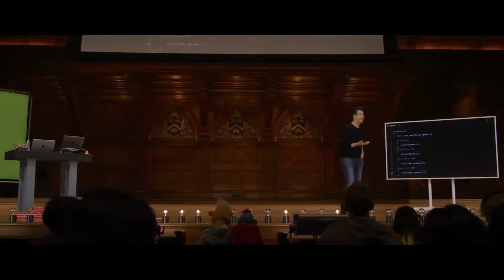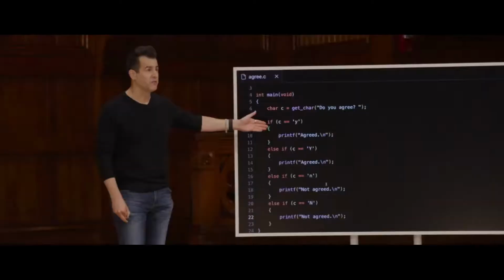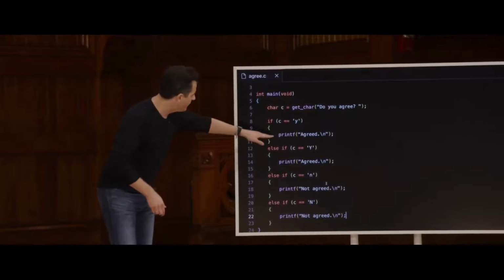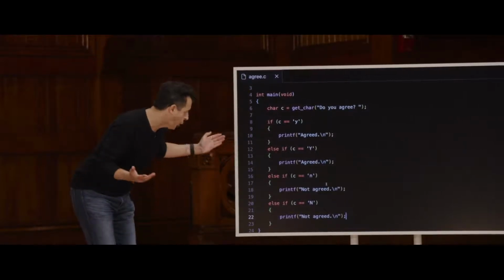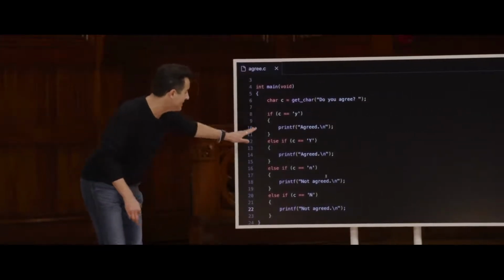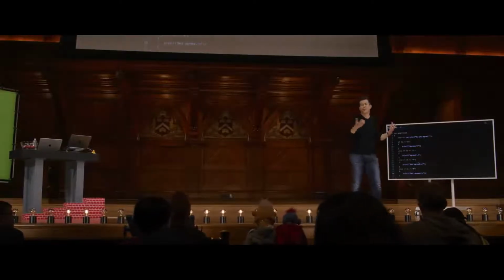Yeah, there's the same output again and again. I mean, I manually typed it, but honestly, I might as well have just copied and pasted most of my original code to do it again and again for the two capital letters. So if line 10 and 14 are the same, and line 18 and 22 are the same, and then the rest of these if and else ifs are almost the same. Like there's some code smell there. Like it's not well designed.